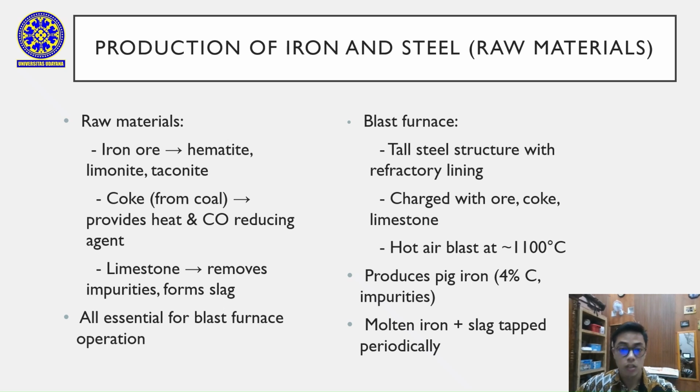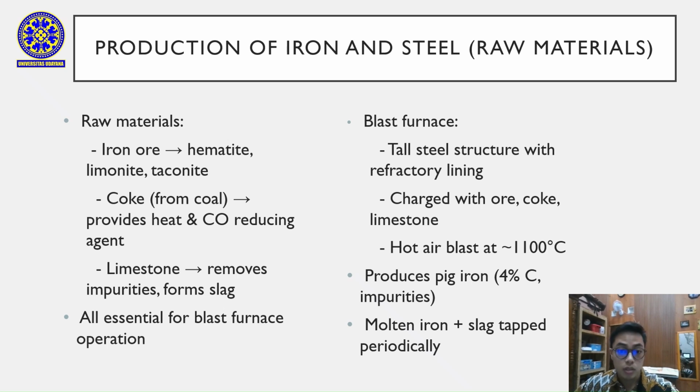Coke not only generates the high heat required, but also produces carbon monoxide, which is the reducing gas that converts iron oxide into iron. Third, limestone, which acts as a flux. It reacts with impurities and forms slag, which floats on the molten iron and can be removed. Without these three materials, iron making is not possible.